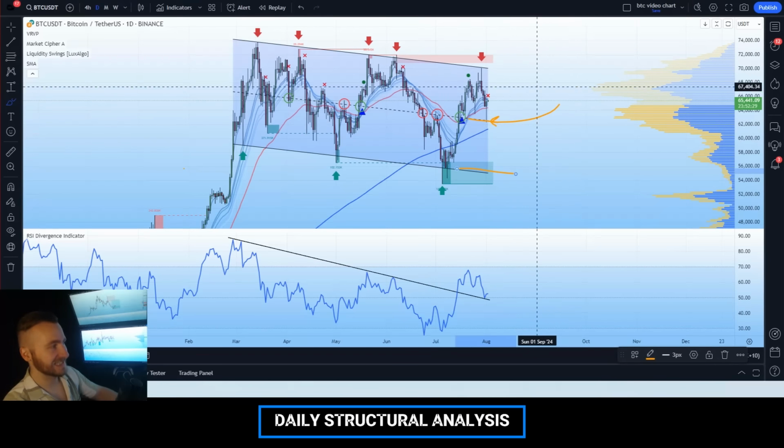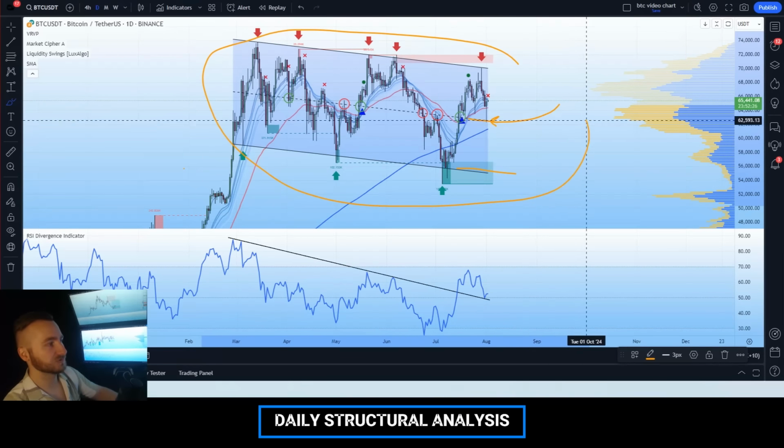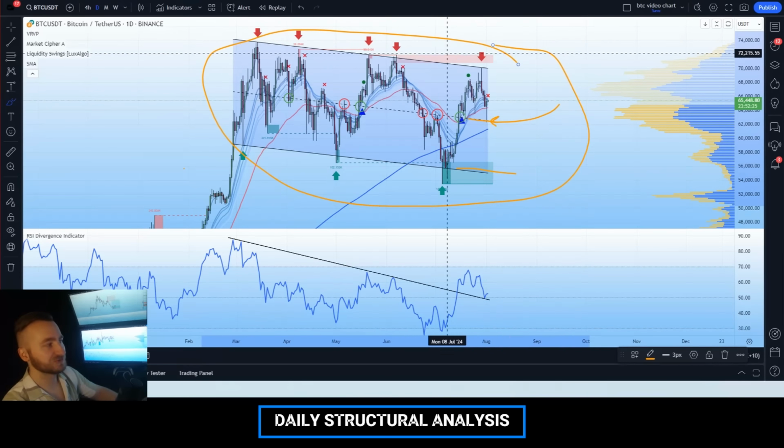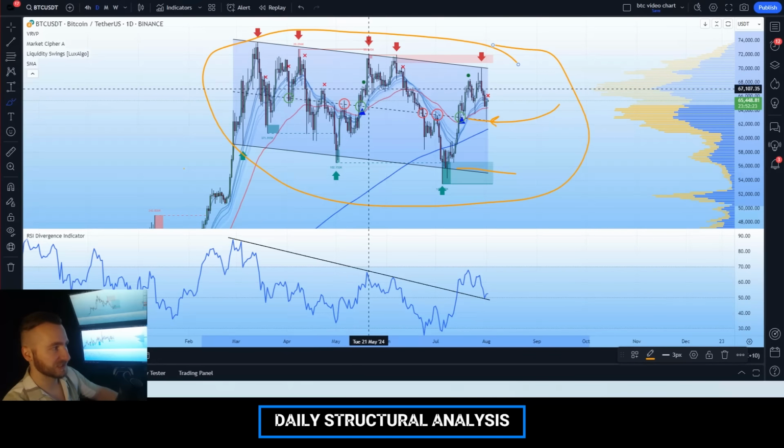In saying that, if we're taking a look at the macro structure, Bitcoin is still within the confines of the descending channel. I have people telling me all the time, Whale, you've been saying it's going to go past 70,000 for months. Yes, I have been. But if you take my words out of context, you can make it sound like anything.